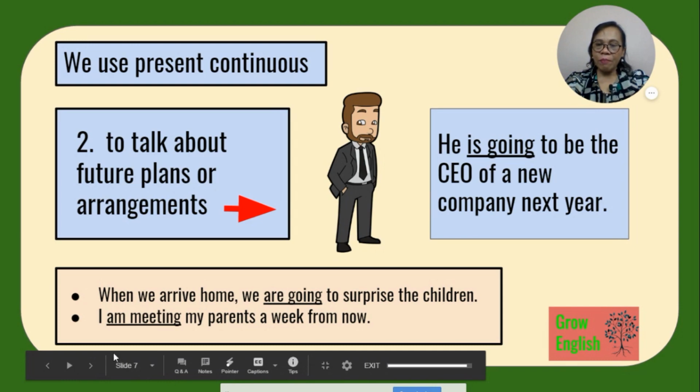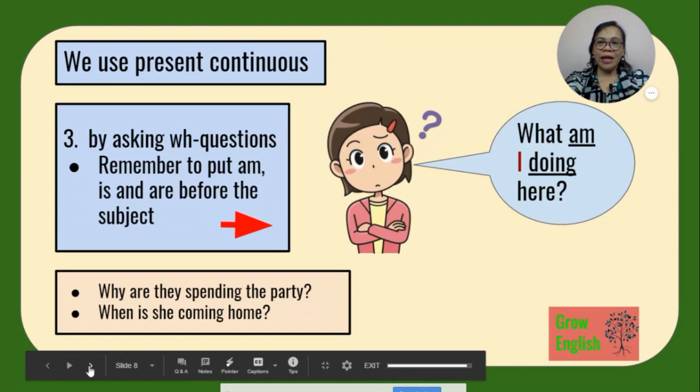Then the next example is I am meeting my parents a week from now. Okay, so this is another example to express a future plan or arrangement, right? So I hope these are clear to you. So let's go to the next rule.